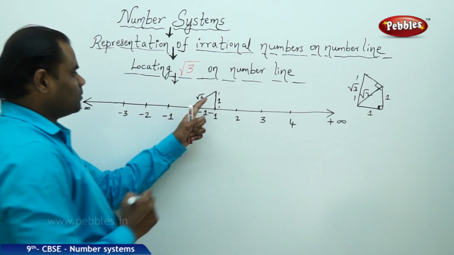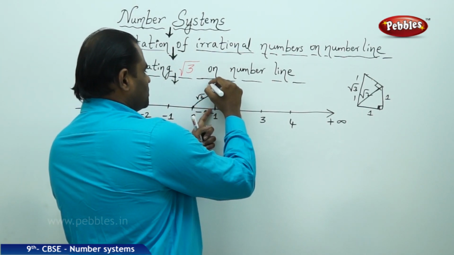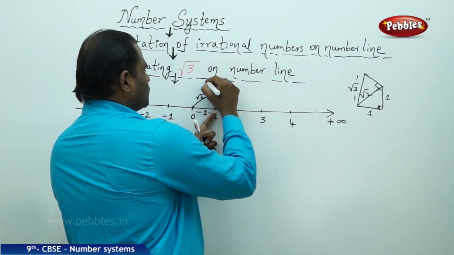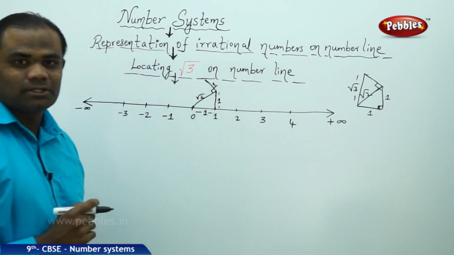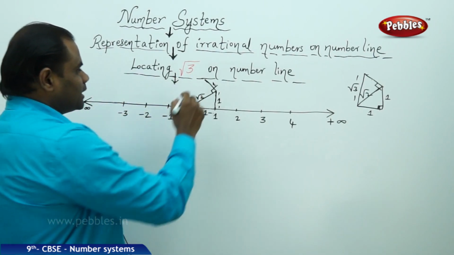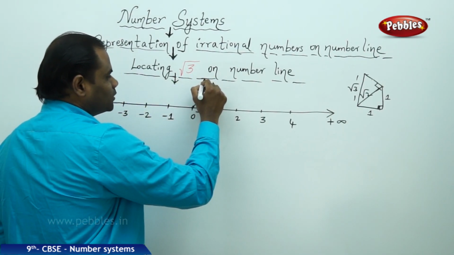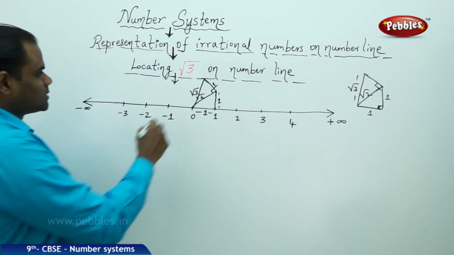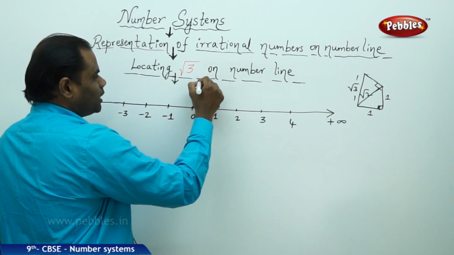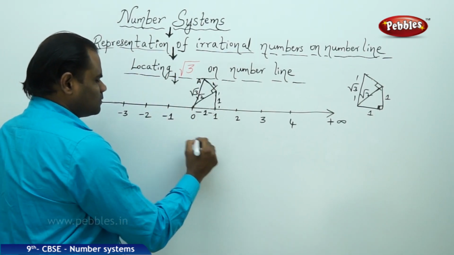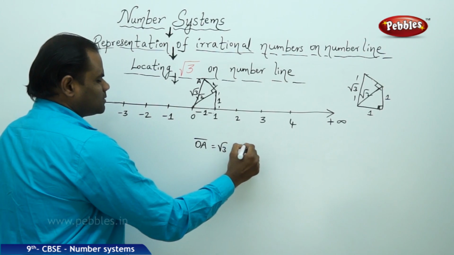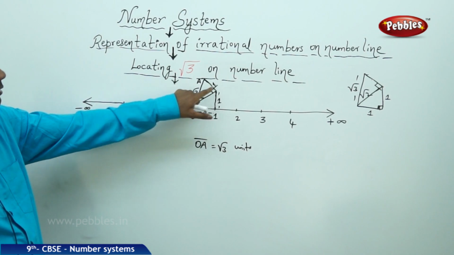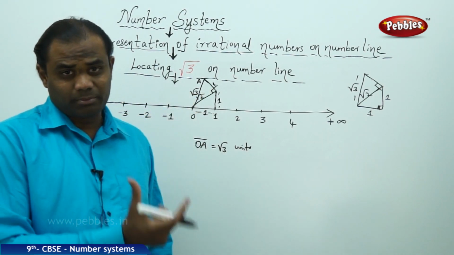From here I take a compass, drop the perpendicular, measure the length of 1 unit and cut an arc, and then I get a triangle with the dimension of root 3. So here is, for example, OA with length root 3 units, as constructed through the Pythagoras theorem and discussed in the previous session.